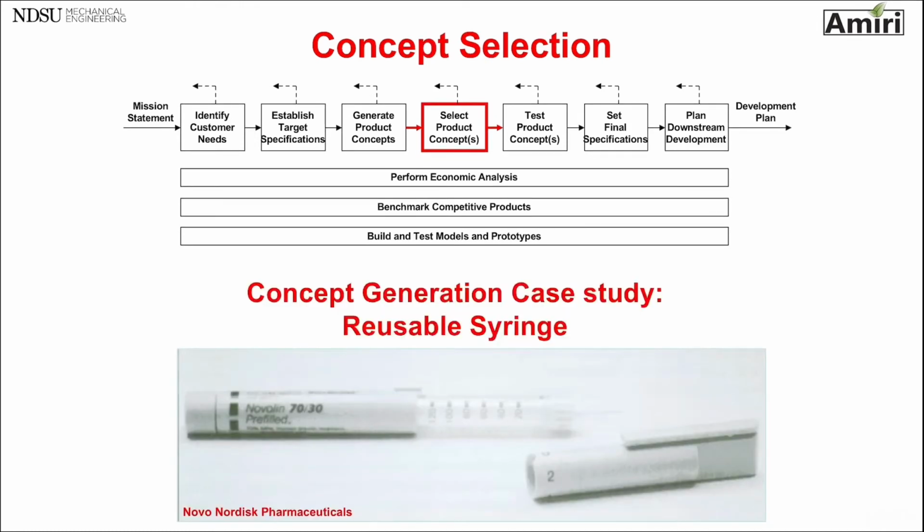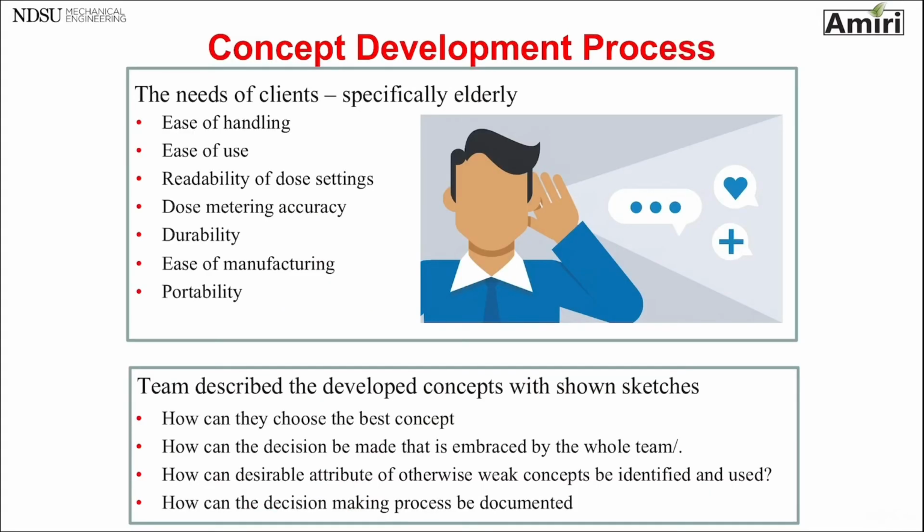The case study that we had in 361 was an insulin syringe, a reusable syringe, and the company who was the customer of this project needed some engineering specifications or customer needs. It was usually used for elderly people, so it needs to be easy to use, easy to handle.